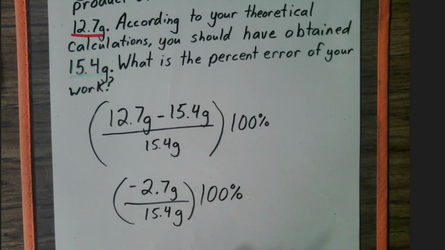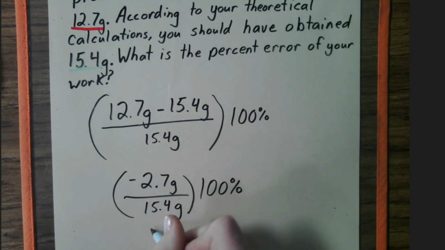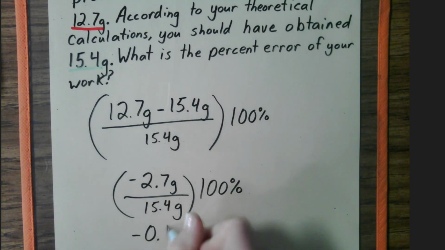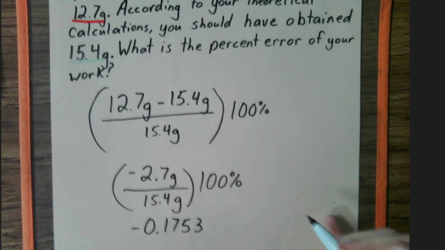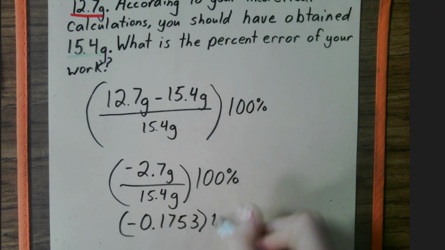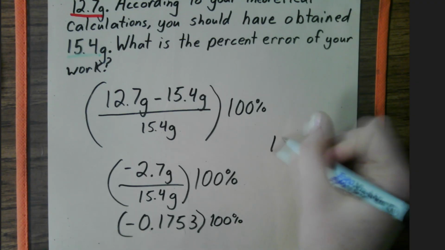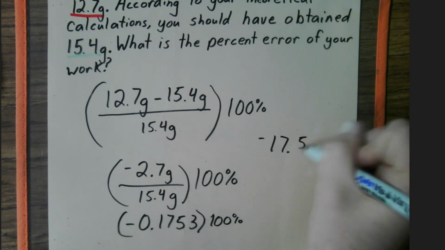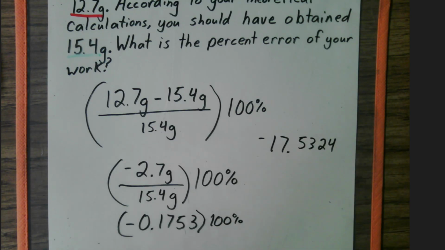After we do that, we're going to divide by 15.4, which will give us negative 0.1753 and so on. I have it in my calculator. Multiplied by 100%. And that will give us negative 17.5324 and so on.